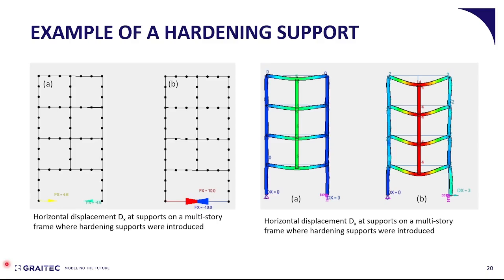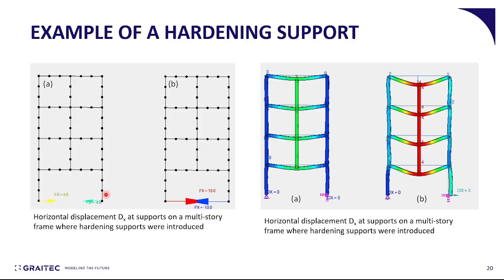Let's see now an example of a hardening support using the advanced design. In this multi-story frame, a hardening support is applied on this node, and the difference between the frame on the left-hand side and the right-hand side is the load.